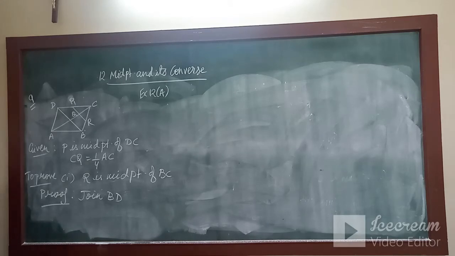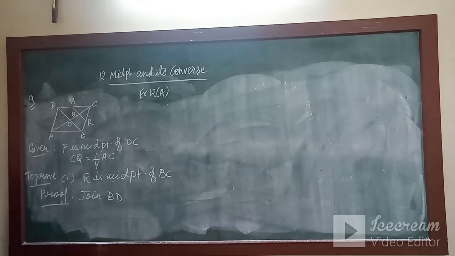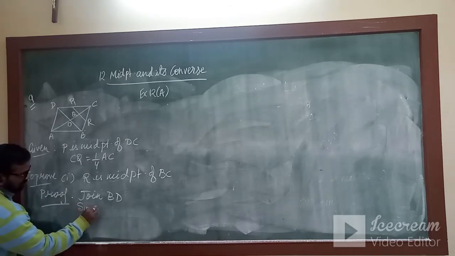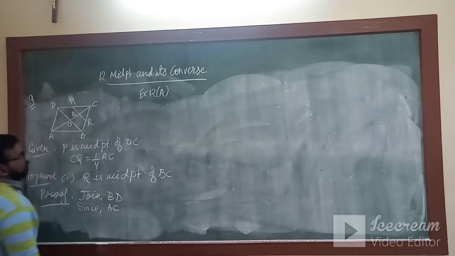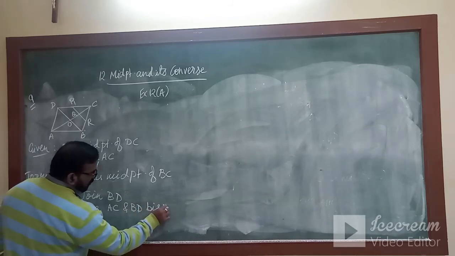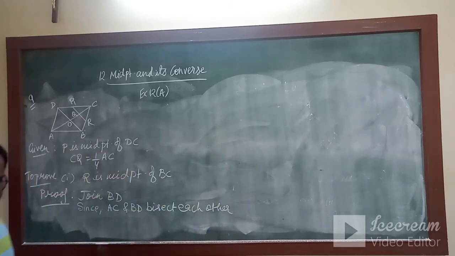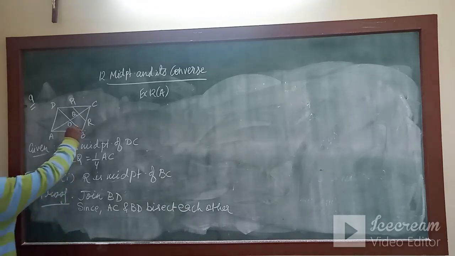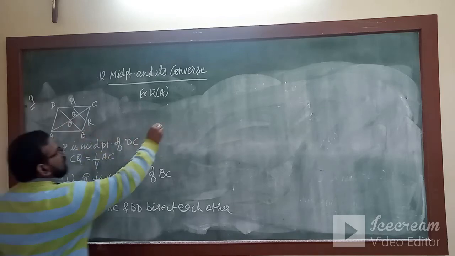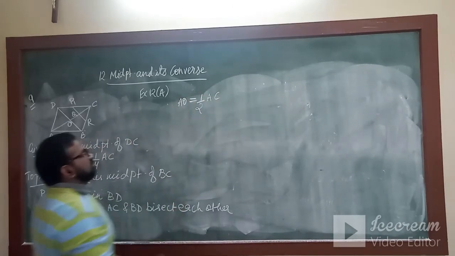Now what happens when I join BD? Let this point be O. Since we know that in case of the parallelogram diagonals bisect each other, since AC and BD bisect each other, that means AO equal to half of AC.